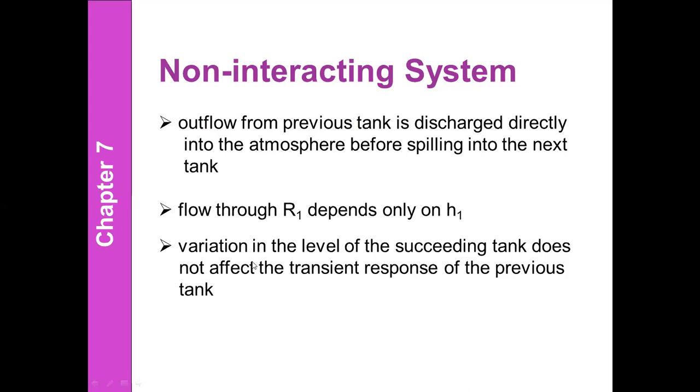Now, variation in the level of the succeeding tank, let's say if we have tanks 1 and 2, the level in tank 2 then does not affect the transient response of the previous tank. So in this case, we're looking into how the level of tank 2 will affect the level in tank 1. It will not affect the level in tank 1 whatsoever.